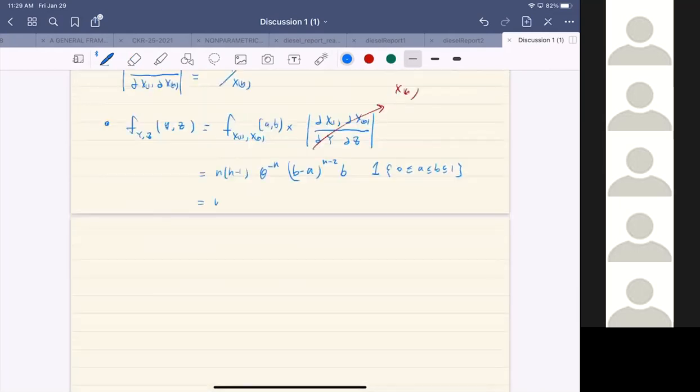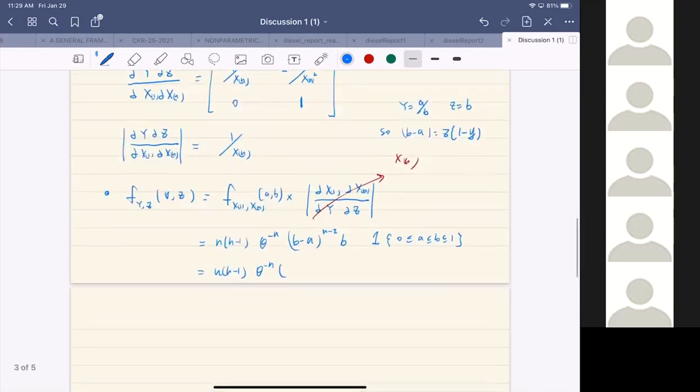Then this becomes z times (1 minus y) to the power n minus 2, and b is z. And here you have to be careful about the indicator function.